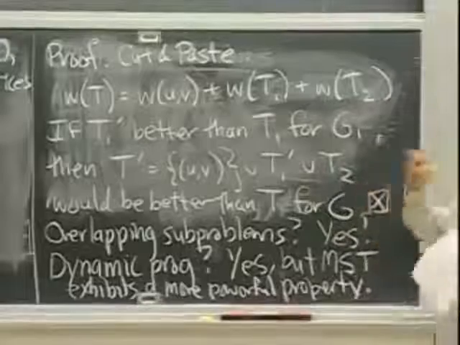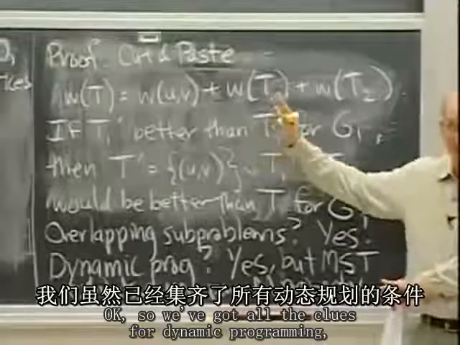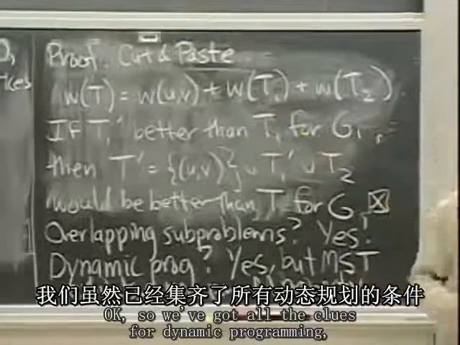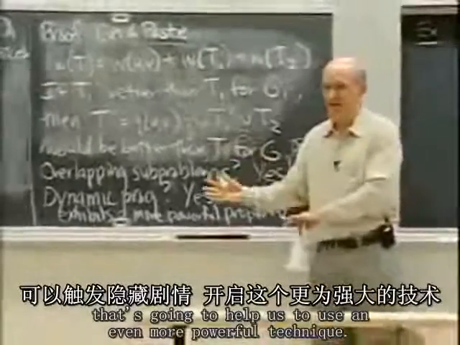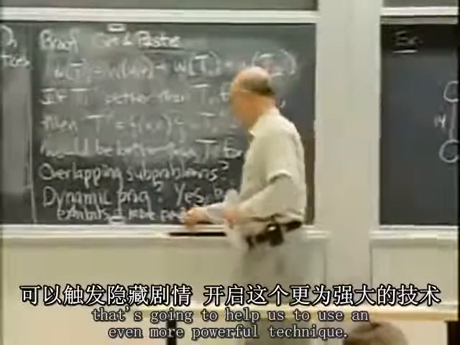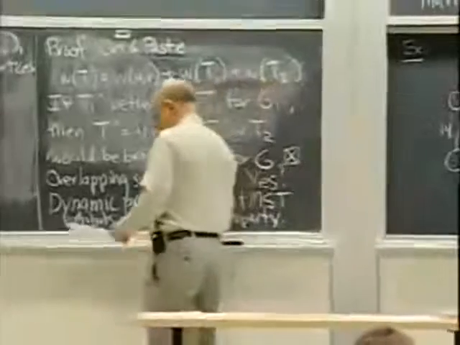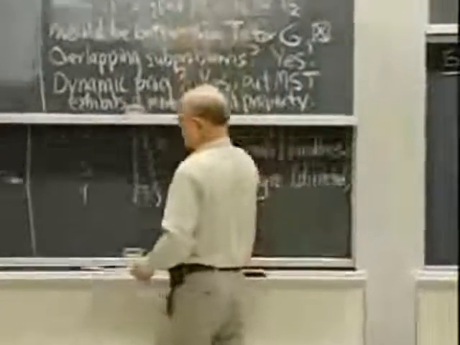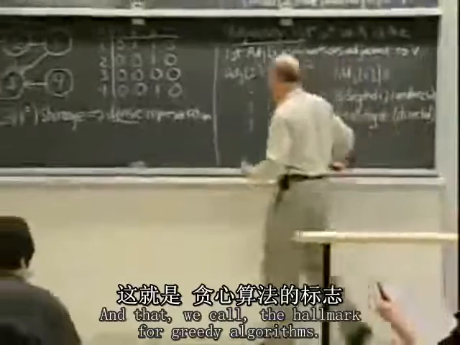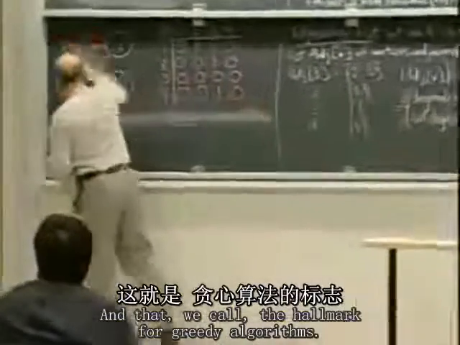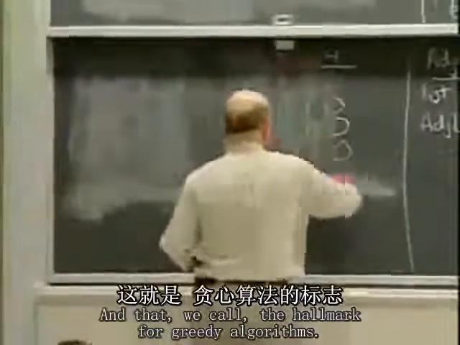Okay, so we got all the clues for dynamic programming, but it turns out there's even a bigger clue that's going to help us to use an even more powerful technique. And that we call the hallmark for greedy algorithms.